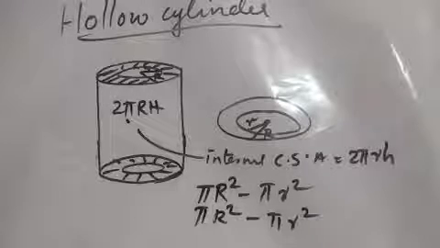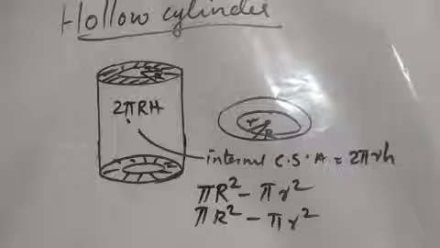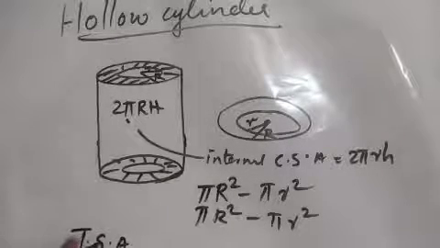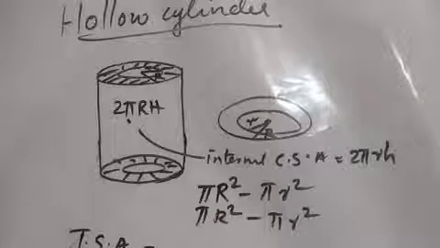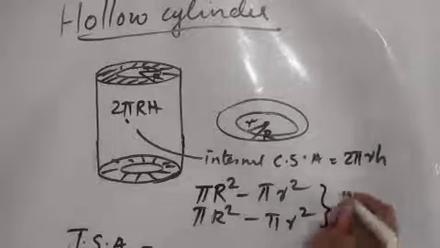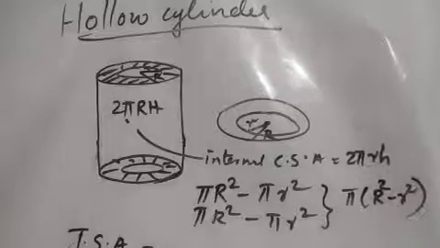So, how can we obtain the total surface area? Here the area of cross section is that of a ring, that is pi R square minus pi r square. You can simplify this as pi into R square minus r square.